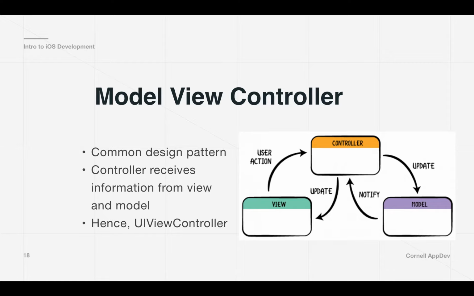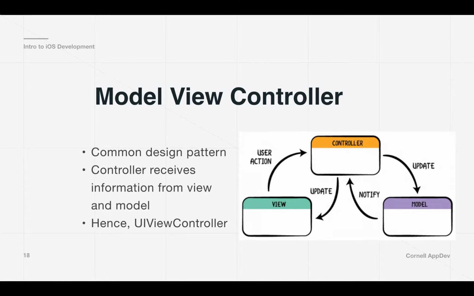Let's say you have user actions and the view needs to be updated because of that. The controller would be updating the view. Or if you have a model, like any object that you've created, and you've tapped something in your app, so you're incrementing an item count, you want your controller to then update your model to reflect the new number of items you might have.